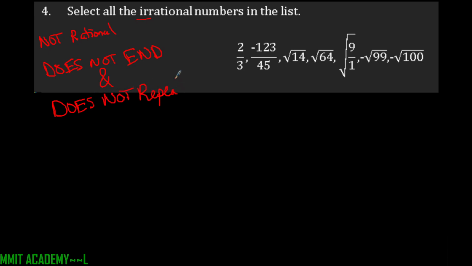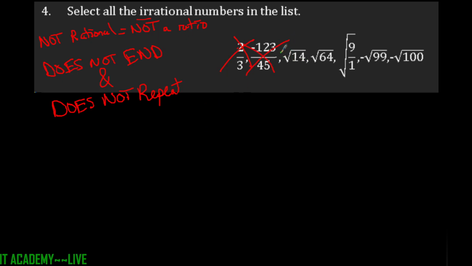It must not do both. If it does one of those, it's going to be rational, and we're looking for ones that are not rational. Also, make sure you're saying if it's not rational, it's not a ratio. So right away, just by looking at that, those first two are incorrect because those are fractions.